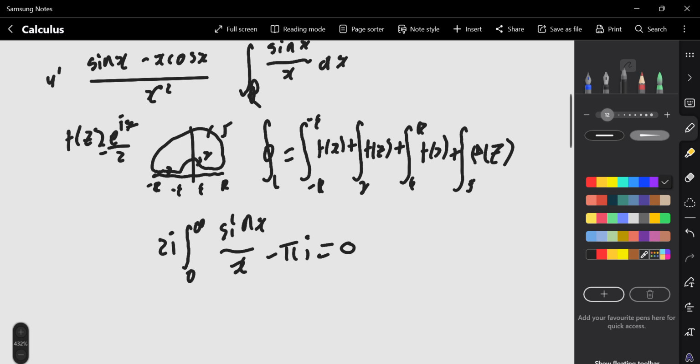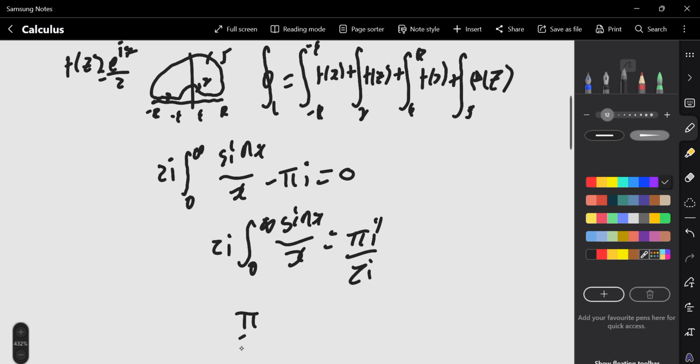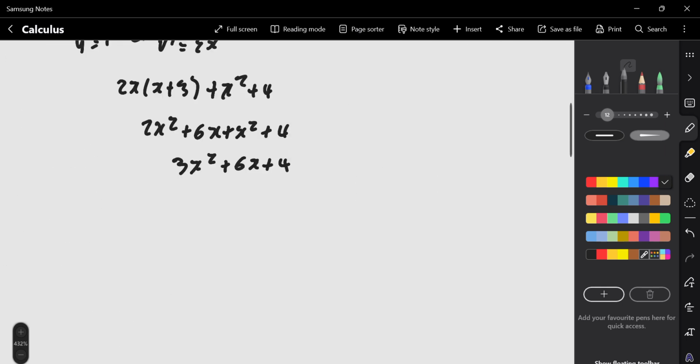Then you get 2i times the integral from 0 to infinity of sine x over x equals pi i. Divide through by 2i, the i's cancel, and you're going to get pi over 2. You'll come across that soon.